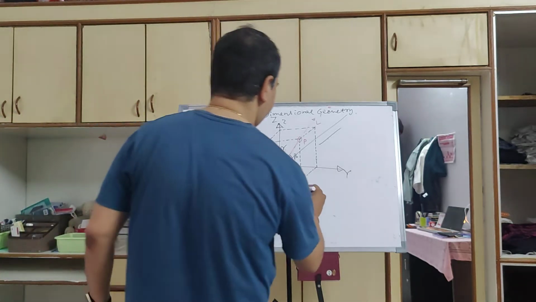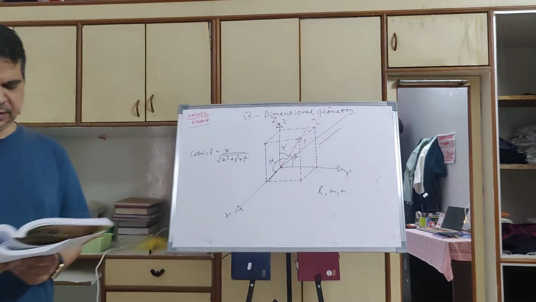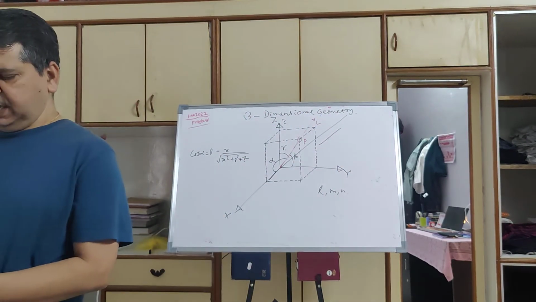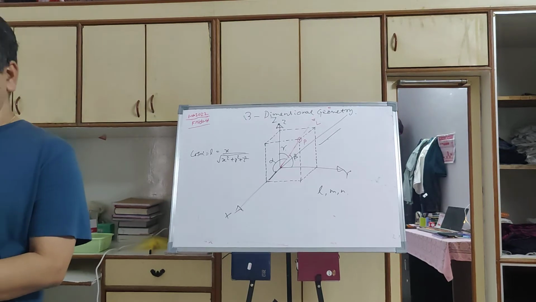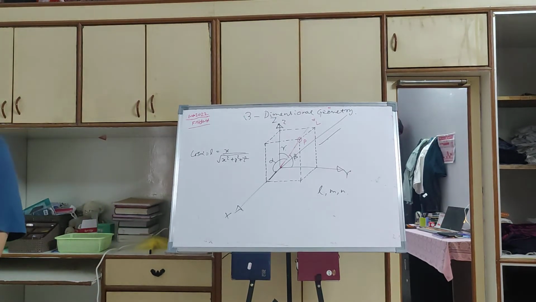So L, M, N are direction cosines, that you have understood. And then what is direction ratio? Any three numbers which are proportional to the direction cosines of a line are called direction ratios.